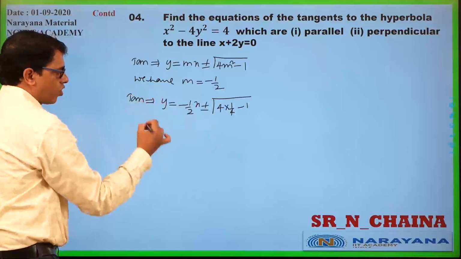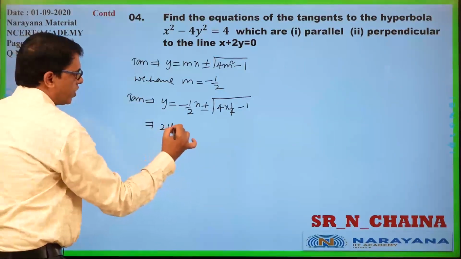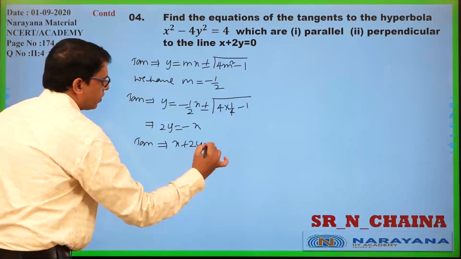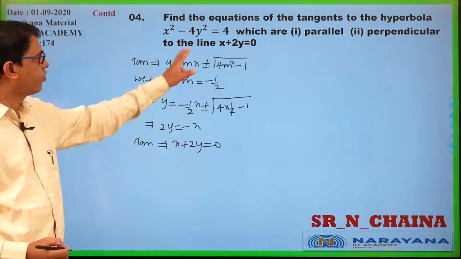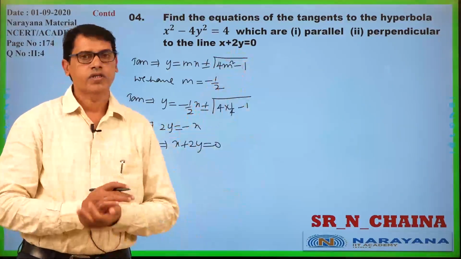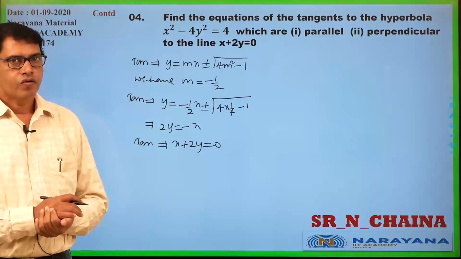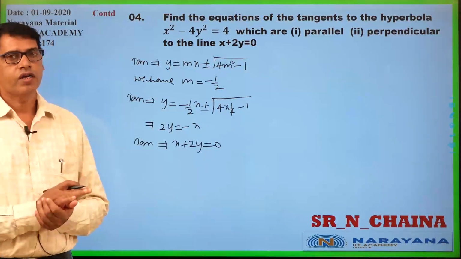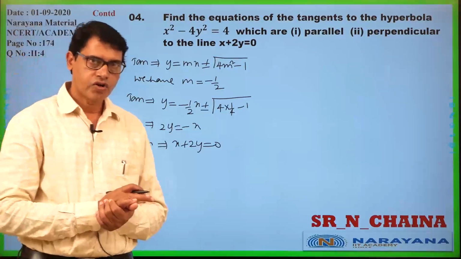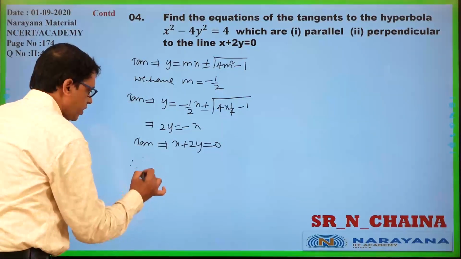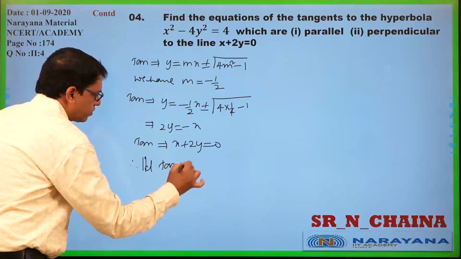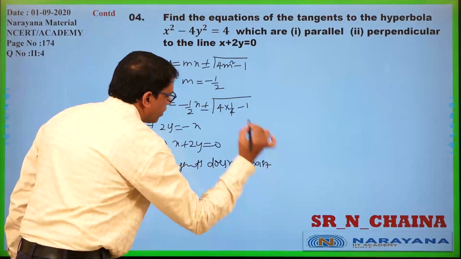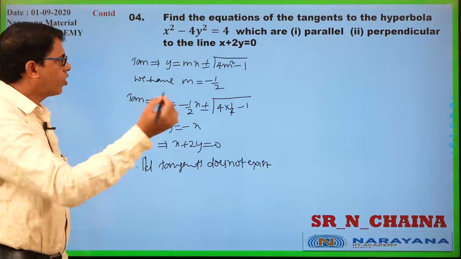This becomes 0. Cross multiply: 2y equal to minus x. So the equation of tangent is x plus 2y equals 0. Again we got the same line. So parallel tangents do not exist.